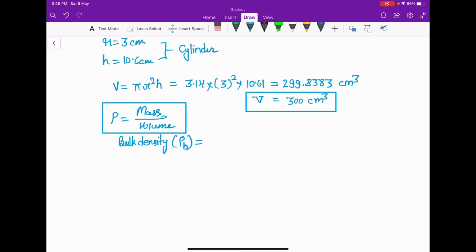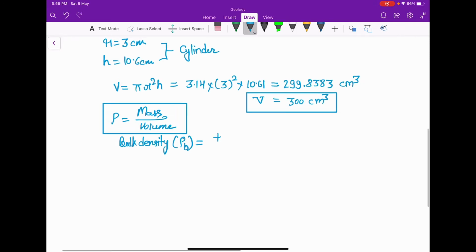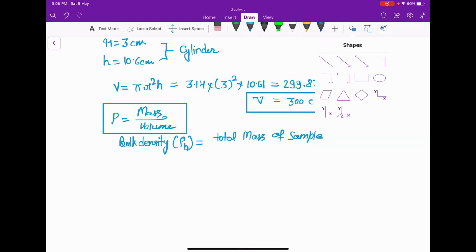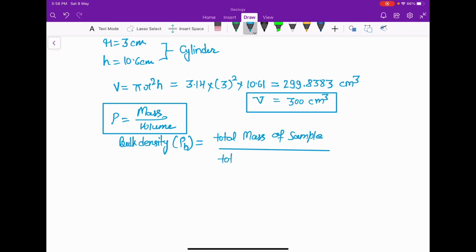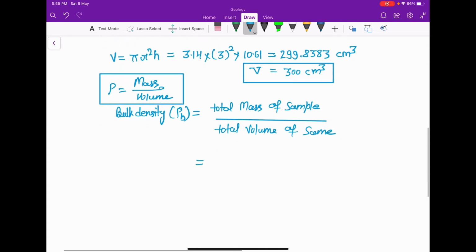So bulk density, that is total density, will be equal to the total mass of the sample divided by the total volume of the sample.